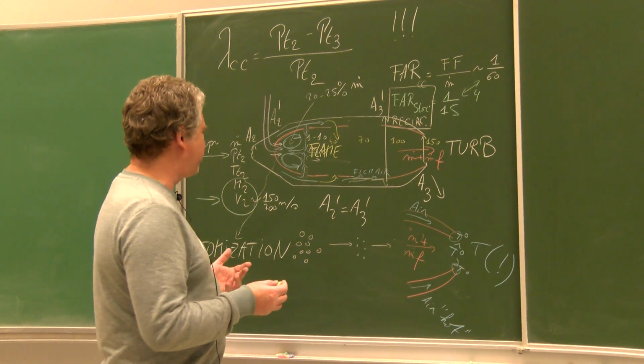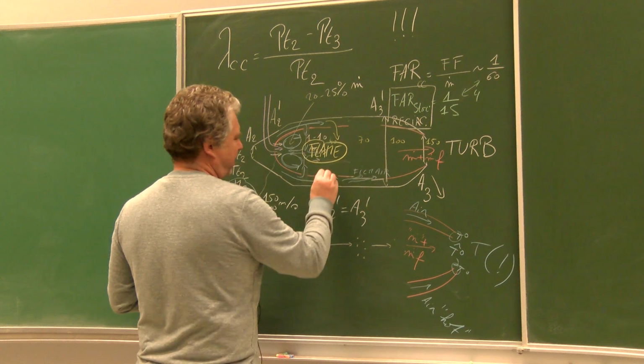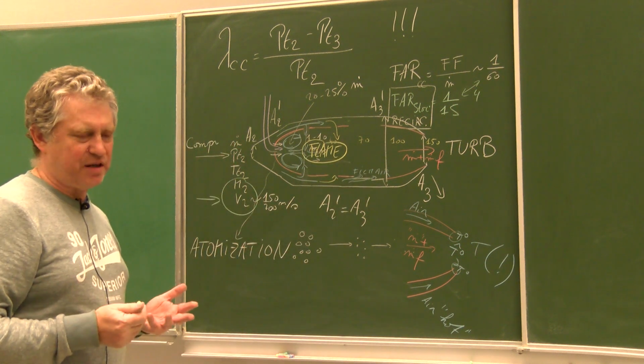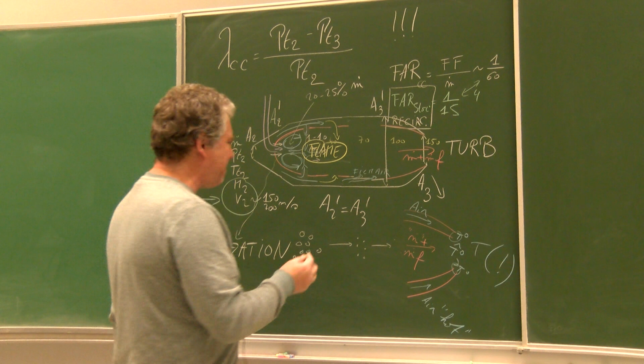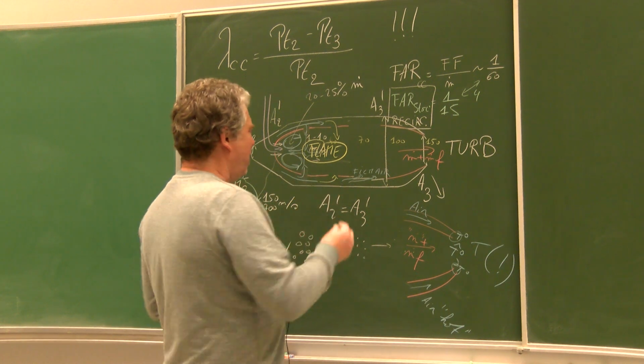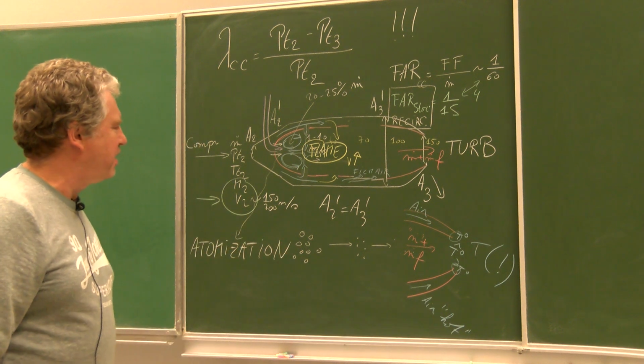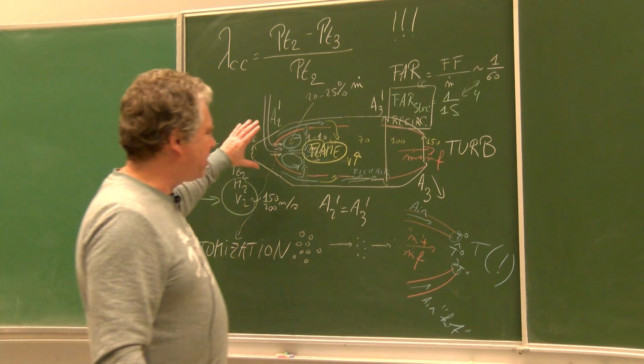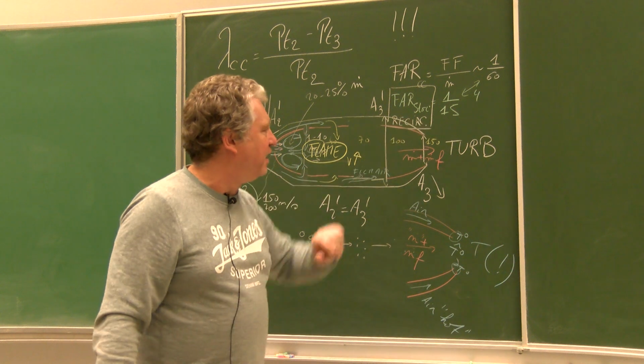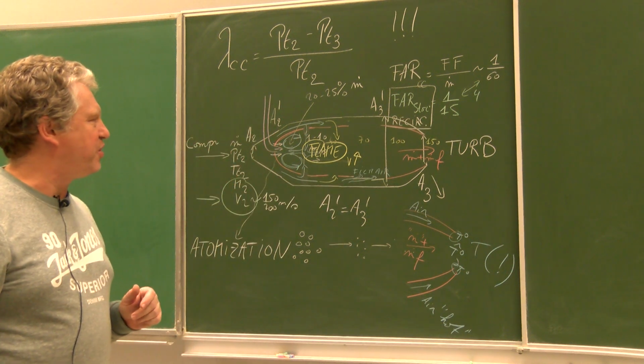We will see also that the flame, the combustion, will also create a speed increase that I will discuss later on. But the speed is gradually increasing through this combustion chamber.